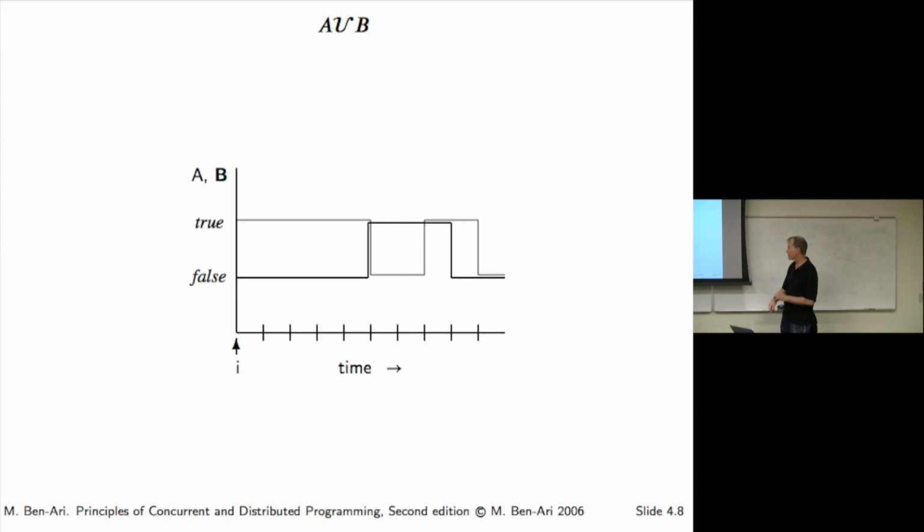Now our author, here's slide 4.8 from our textbook. Here he has A until B. I kind of don't like the way he does his things, but anyway, I quibble with his presentation here.